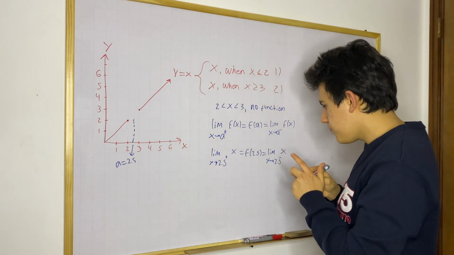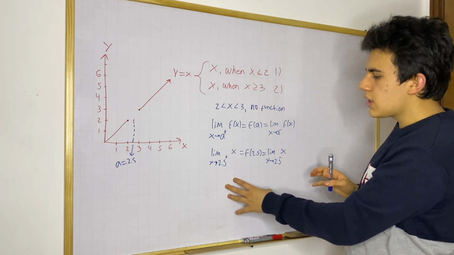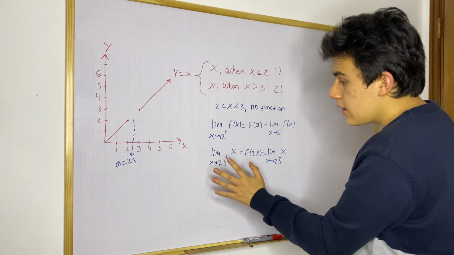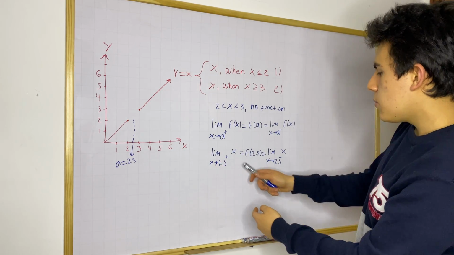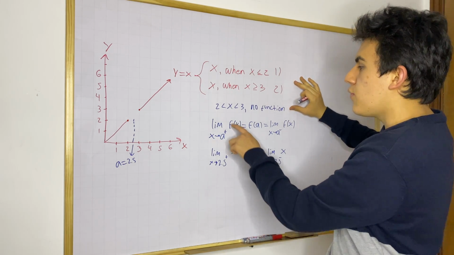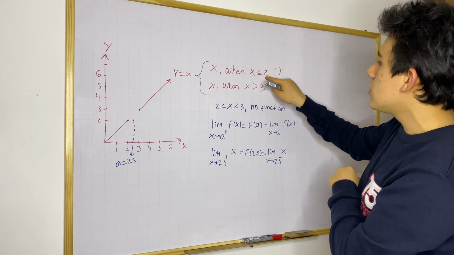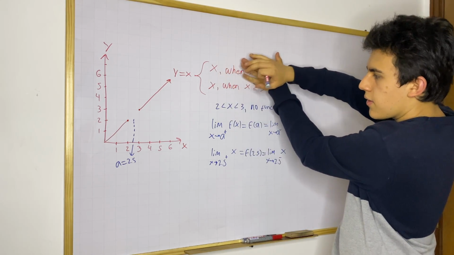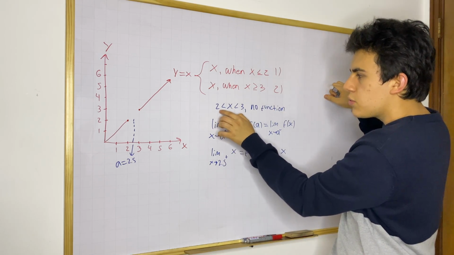Now, this limit, first of all, what you want to check is that we have a function. And can I try to plug in 2.5 into that function? Well, we need to go back to our statements. Now, we know 2.5 is between 2 and 3. And 2.5 is not smaller than 2 or greater than 3. So these two conditions, don't think about them. Think about this one. 2.5 is between 2 and 3.